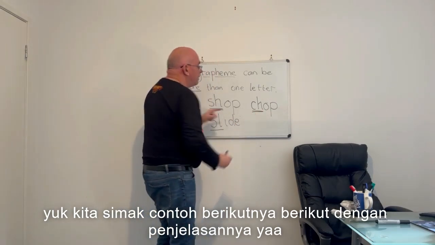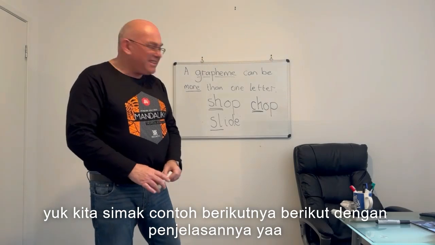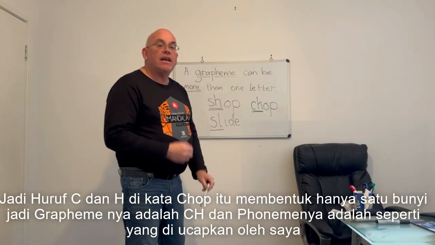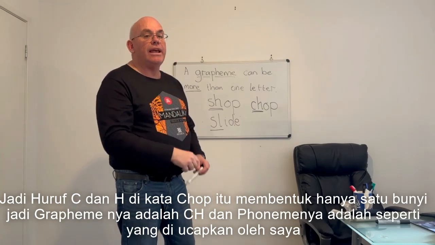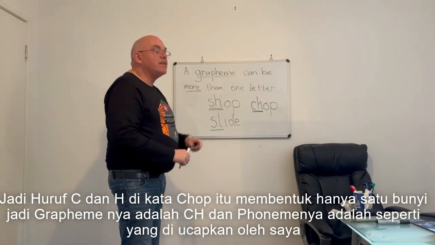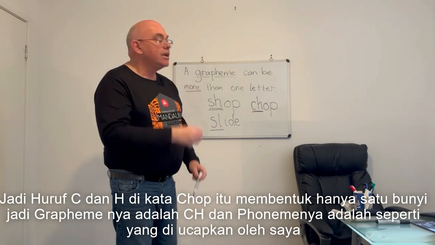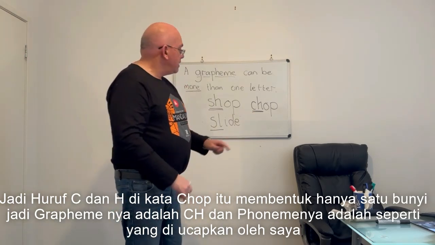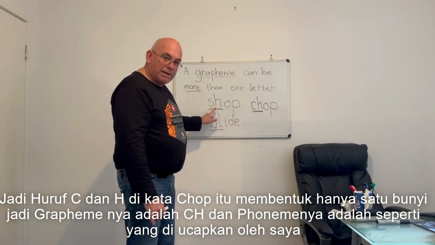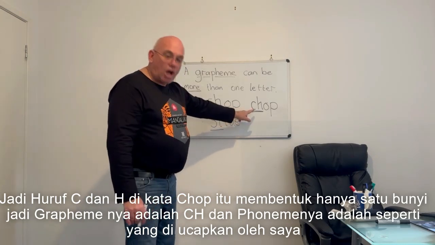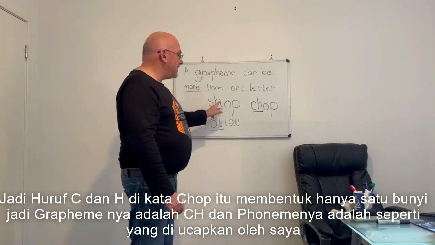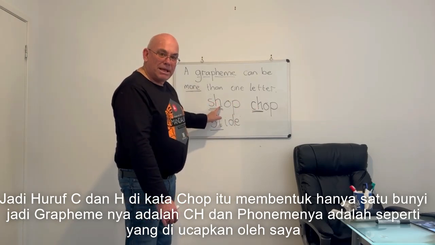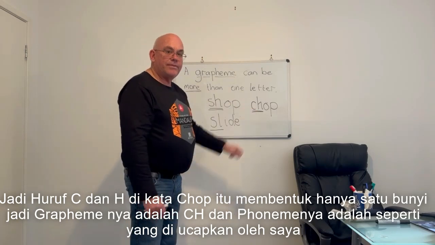And there's another grapheme with two letters. CH makes a ch sound. This was like sh, but this one is ch, chop. So we have shop and we have chop. This one's a little bit longer, this one's a little bit quicker. Shop and chop.